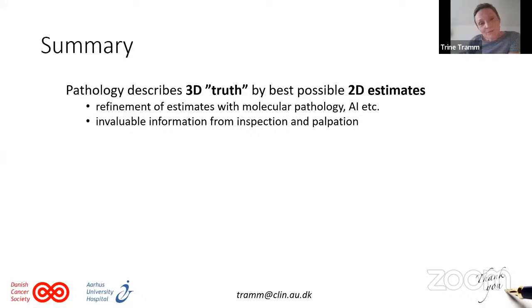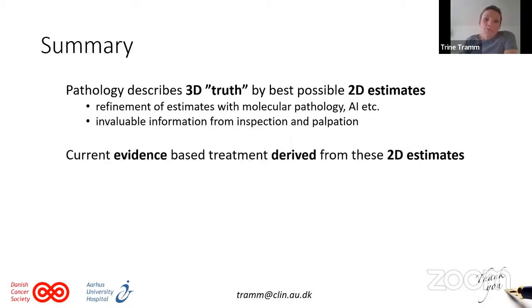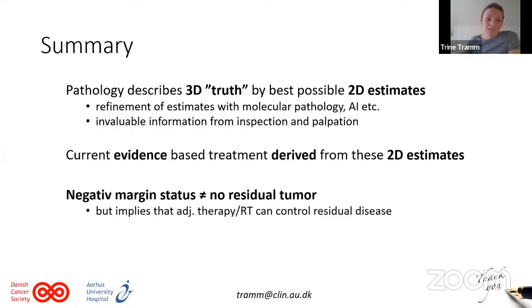So to sum up, I want you to remember that pathology cannot describe the whole 3D truth, but gives the best possible 2D estimates for interpretation. And the current evidence-based treatment is actually based on these 2D estimates.